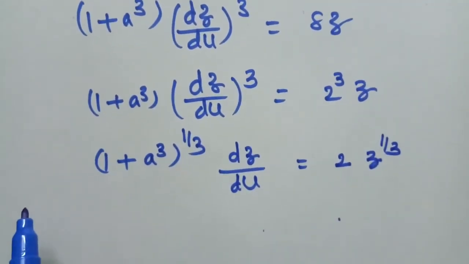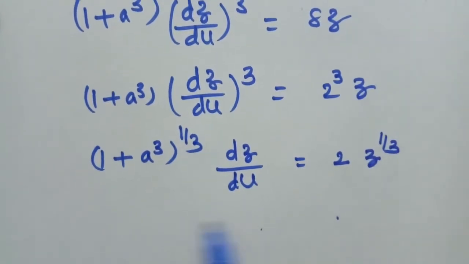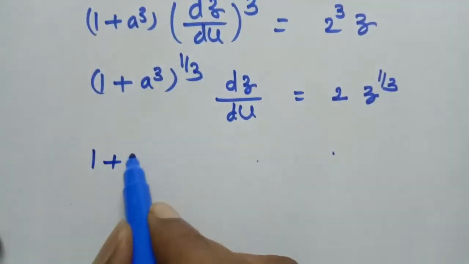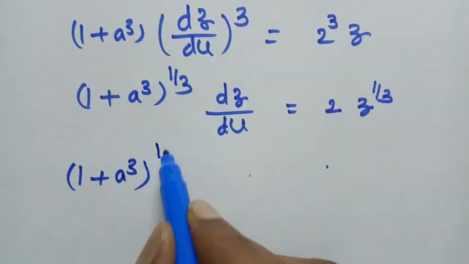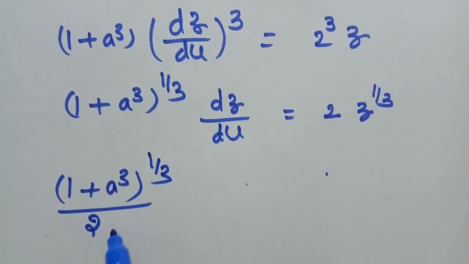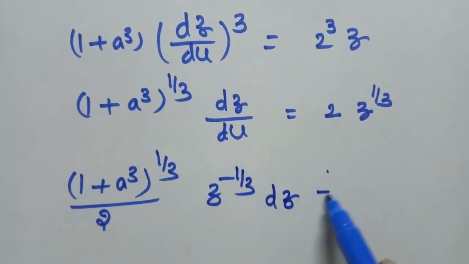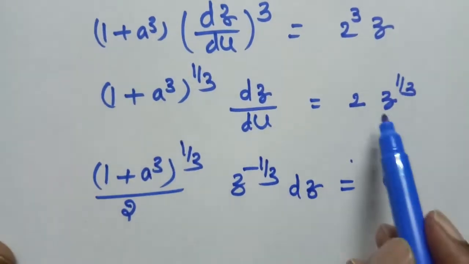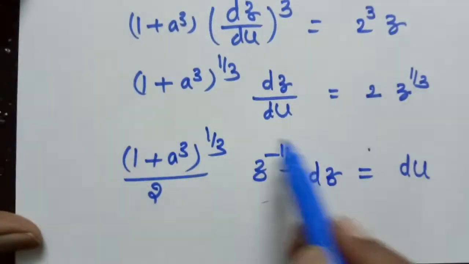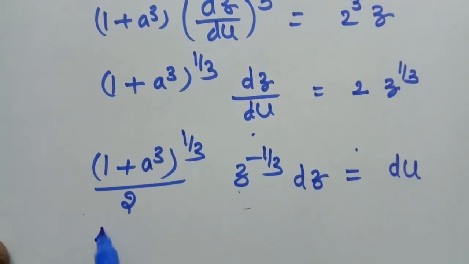Now separating the variables z and u, this can be written as 1 plus a cube whole to the power of 1 by 3 by 2, into z power minus 1 by 3 into dz is equal to du. Now, integrating on both sides.